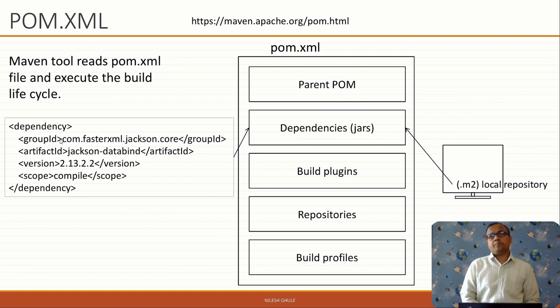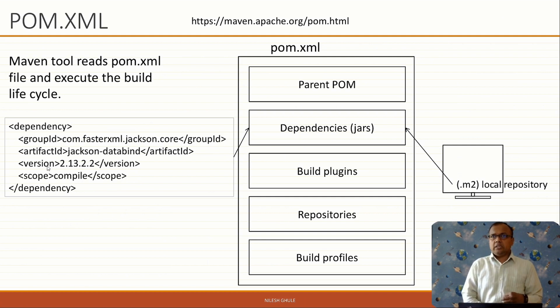One is a group ID, which indicates which organization this particular library, this particular jar, is being developed by. Then there is something called an artifact ID, which tells you the name of that library, the name of the particular jar.